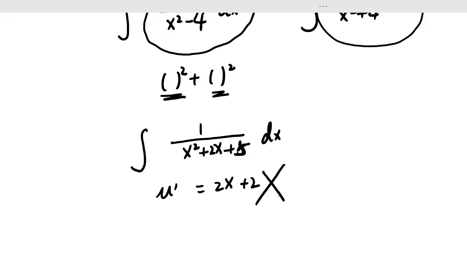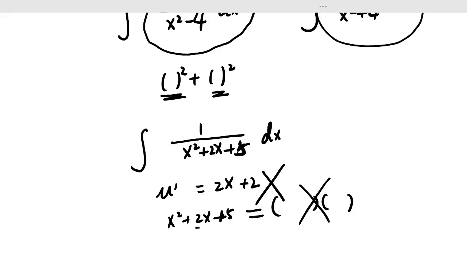Then I'm going to think, okay, the degree is 1, so how about partial fractions? x squared plus 2x plus 5 is not going to work, right? Because 5 can only be 5 times 1 or negative 1 times negative 5.